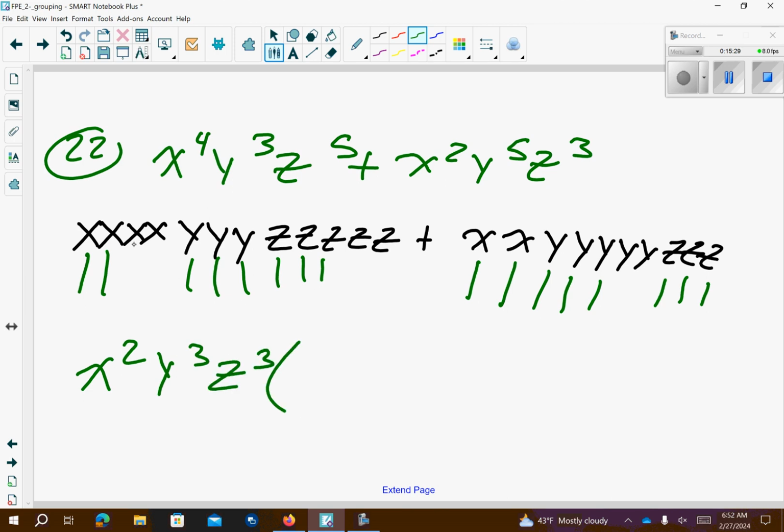And look what I have left. I have xx, which is x squared. I don't have any y's here. I have zz, which is z squared. Bring the plus sign down. And all I have left over here is yy. There's our answer. That's kind of a goofy one.